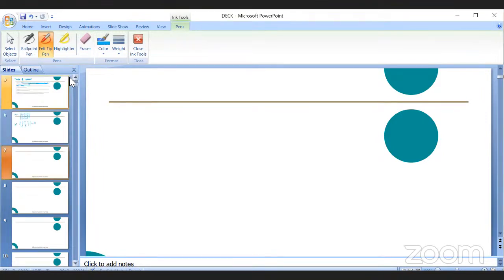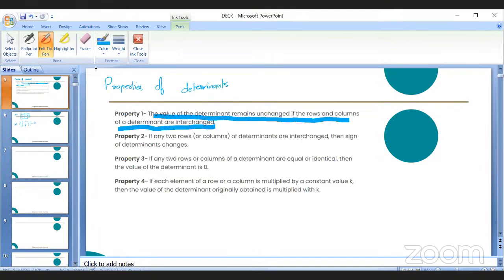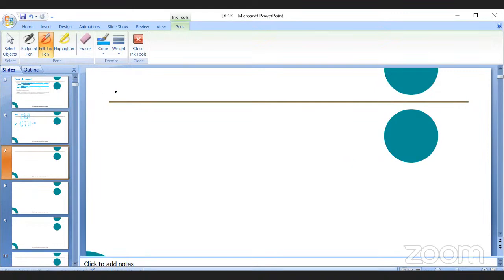Next, we will go to the second property. If any two rows or columns of a determinant are interchanged, then the sign of the determinant changes. Suppose determinant A is the determinant of ABC, DEF, GHI.